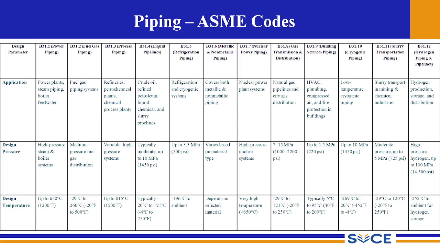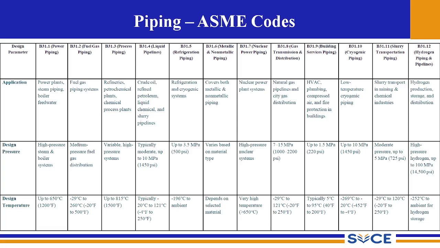Then cryogenic piping is given under B31.10. So this is applicable for very low temperature cryogenic piping systems. The design pressure is up to 10 megapascals, and the temperature range is minus 269 degrees centigrade to 20 degrees centigrade. Then for slurry transport, B31.11 is used. For slurry transport in mining and other chemical industries, we have to follow this ASME code.